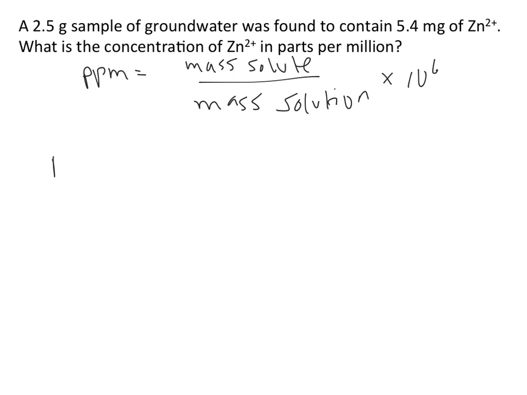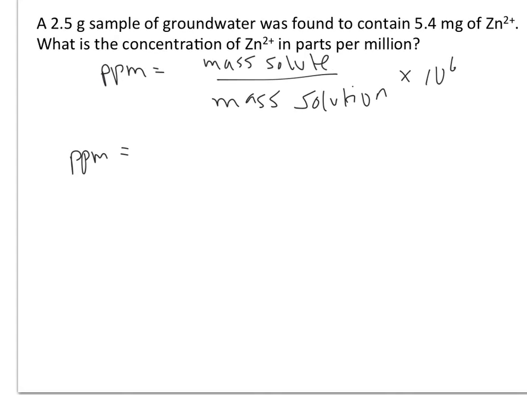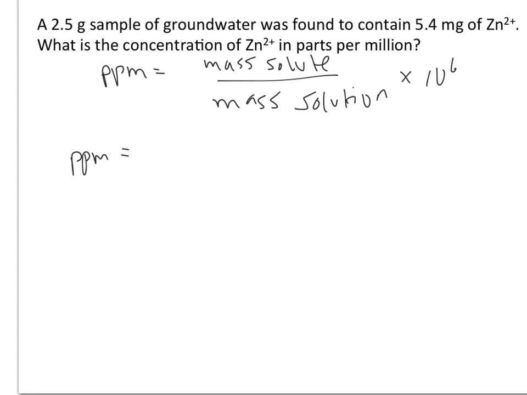In this case, the mass of the solute was given to us in milligrams, and the mass of the solution, which is the groundwater, was given to us in grams. So we need to make those two units match. So we're going to go ahead and convert our milligrams into grams by moving our decimal 3 spaces to the left. So that will give us 5.4 times 10 to the negative 3rd grams of zinc 2 plus.